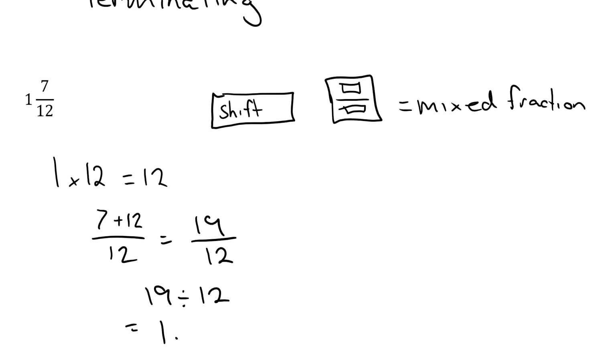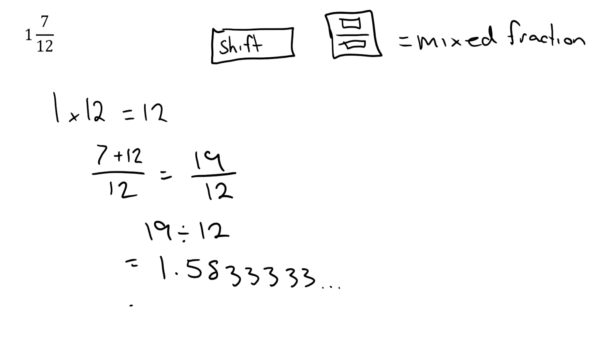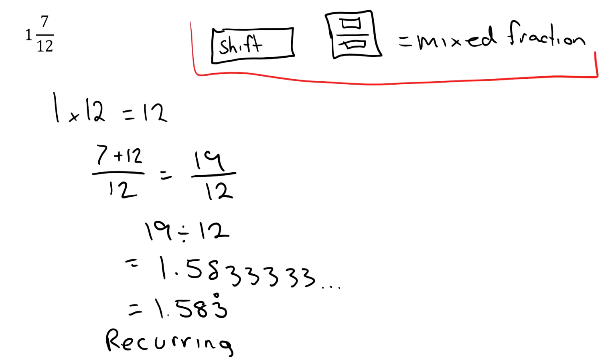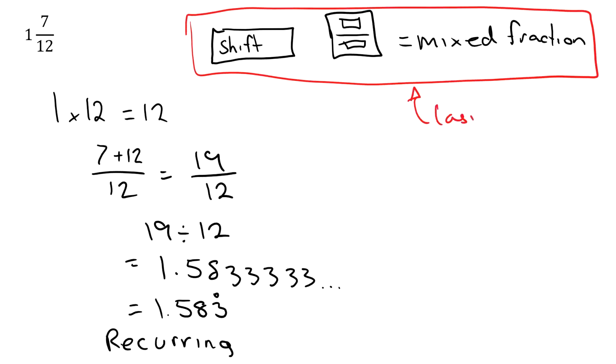We get 1.5833333... So we know that this is recurring, and it's 1.583 with the dot above the 3. So it's recurring. What we did here, remember, is you can either use your calculator, which is the simplest way, the Casio calculator, or you can do it mathematically, which was over here.